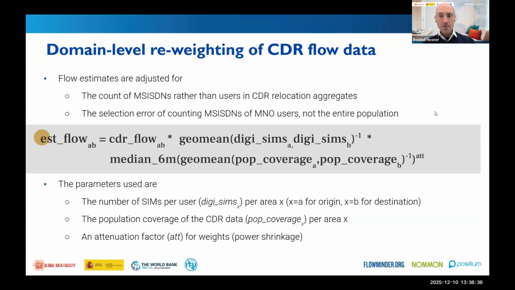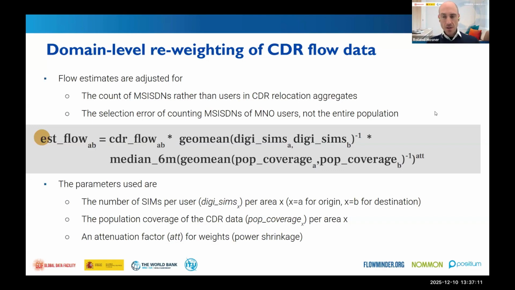That second adjustment is important because this is the underlying problem of all CDR or all mobile phone data. What we are counting here is either devices or SIM cards or phone numbers. We're not counting people. And that is a different statistic, a different target population than what we're usually interested in. Usually we're interested in persons or groups of persons.